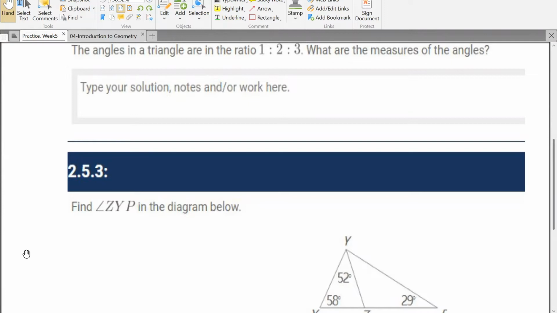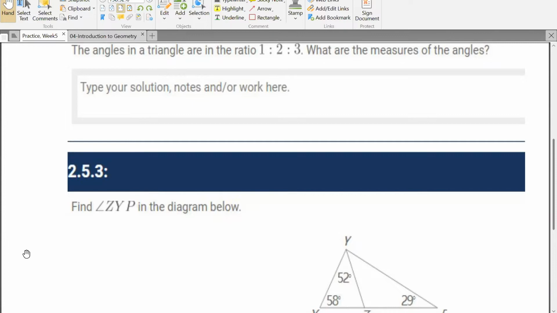The angles in a triangle are in the ratio 1, 2, and 3. Now, we have to be able to understand what that means and put it into an understandable and reasonable framework. So we kind of have to translate the English, which is a question, to the math.